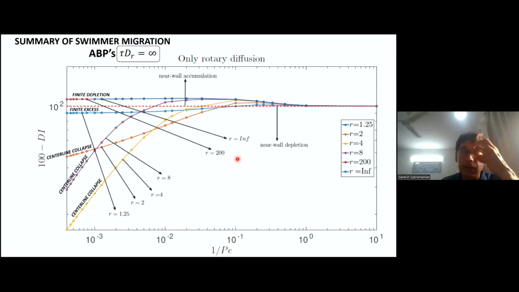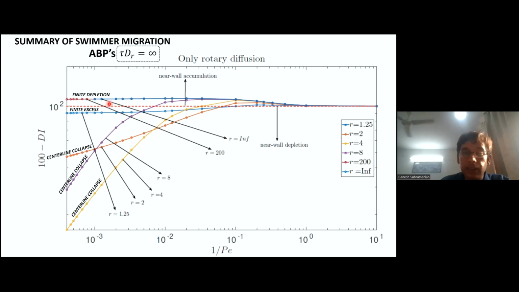Now if I consider infinitely slender swimmers, they follow the blue curve. The depletion index starts from a value that should be 0, so that 100 minus DI is just 100 itself, and then saturates at a finite value as Peclet goes to infinity, implying that the concentration profile is finite, integrable, and independent of Peclet.